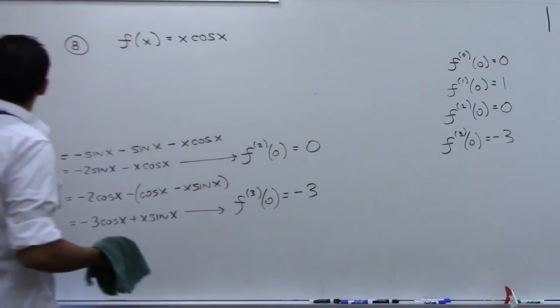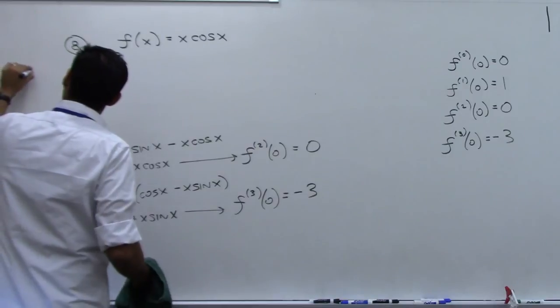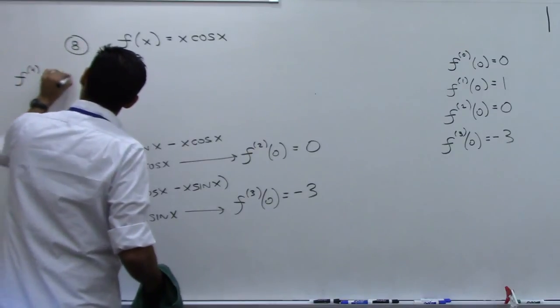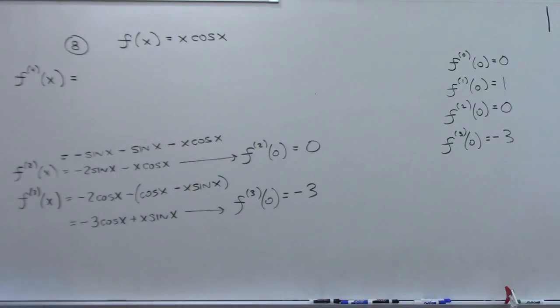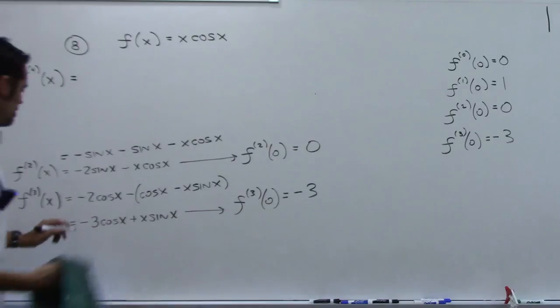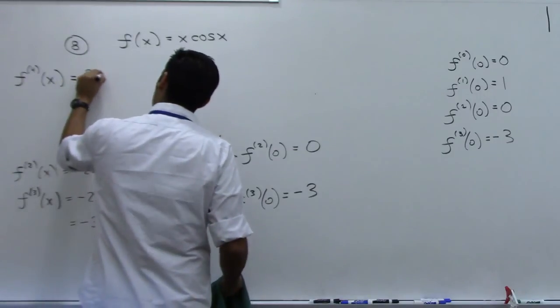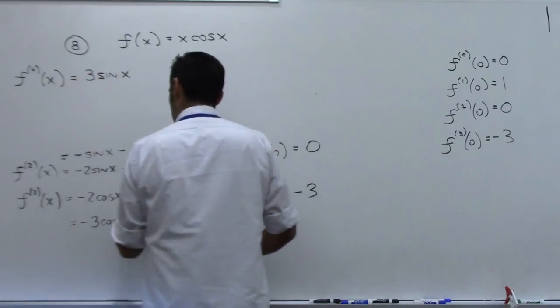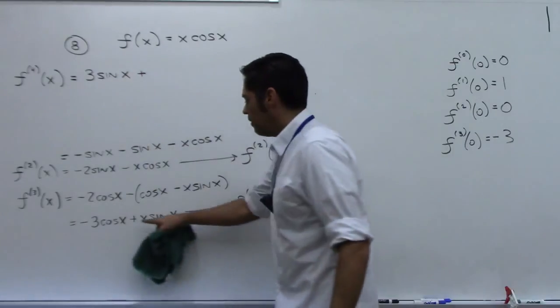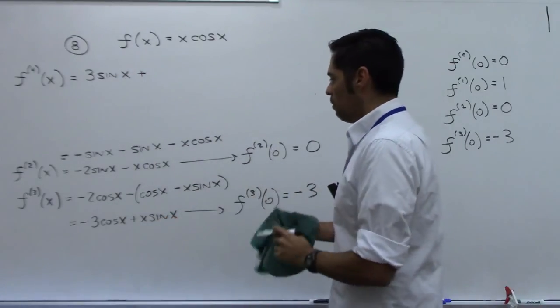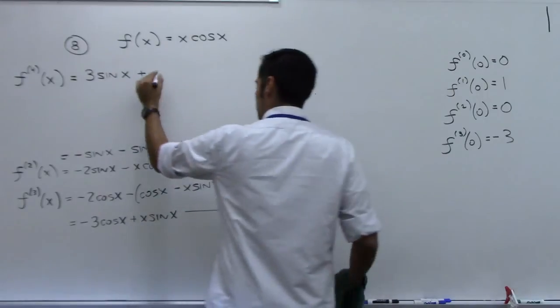I'm at the fourth derivative. Crap, I just erased some stuff I might need. The fourth derivative is the derivative of this. Well, the derivative of negative 3 cosine x is going to be positive 3 sine x, and then plus the derivative of x sine x, which I've done before. I'll do it right now.